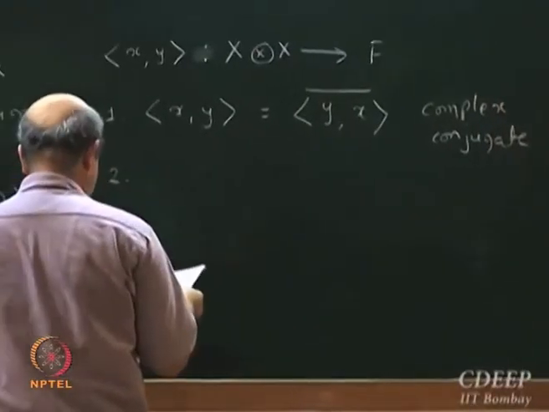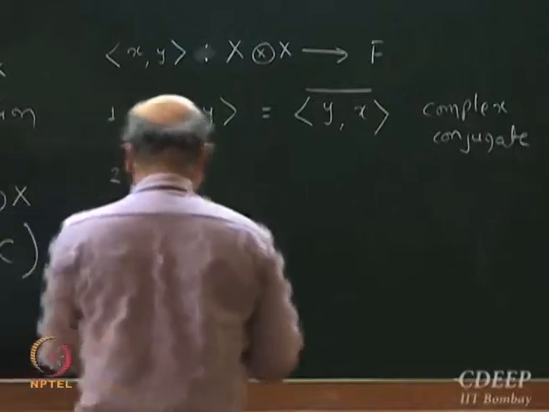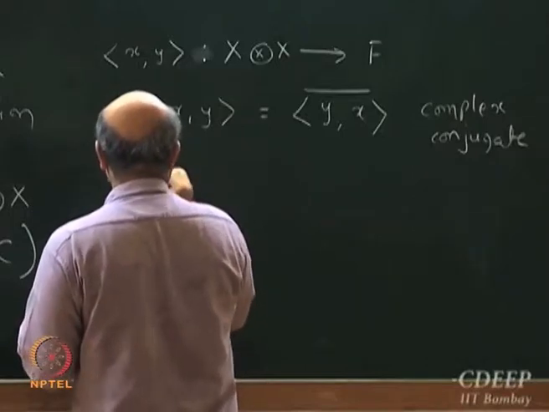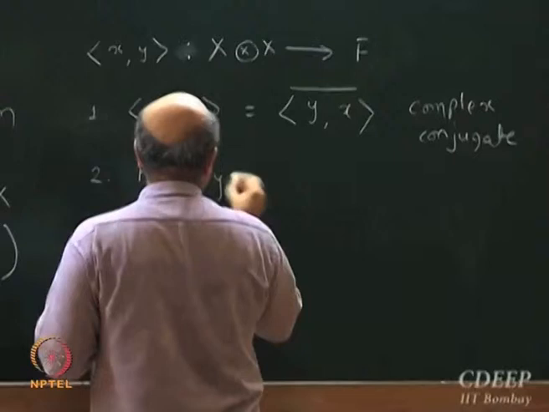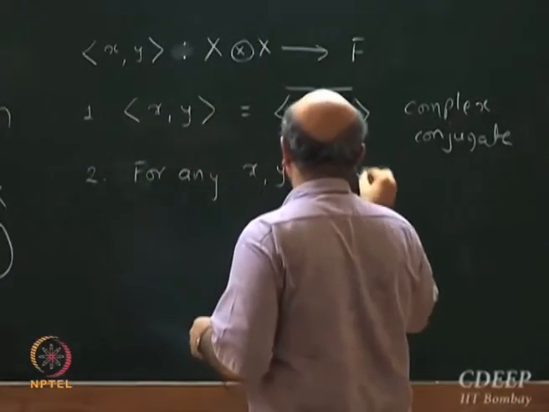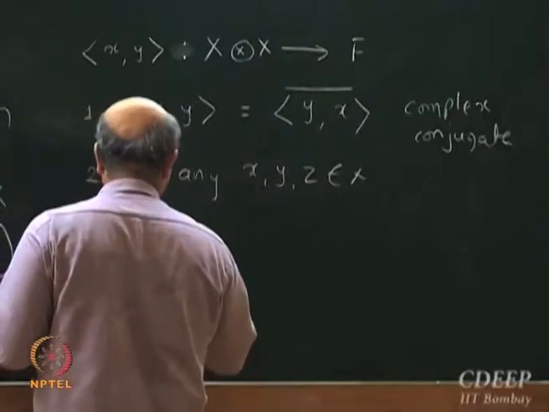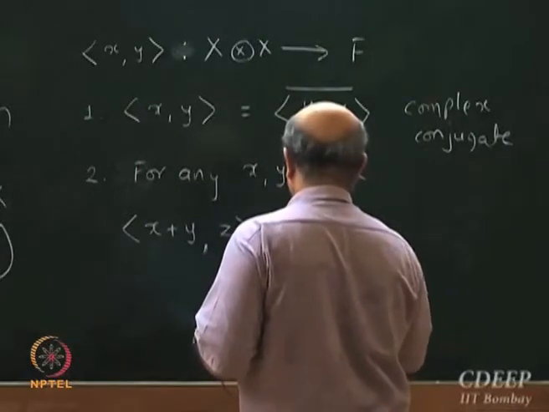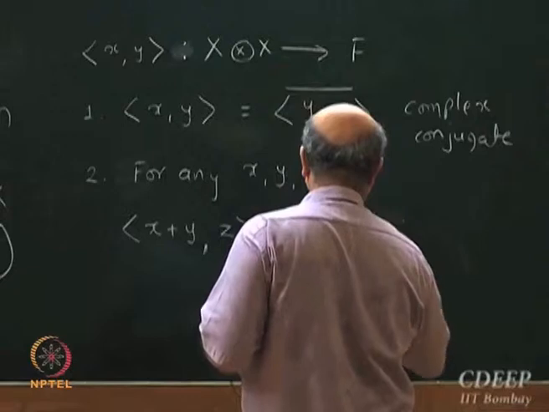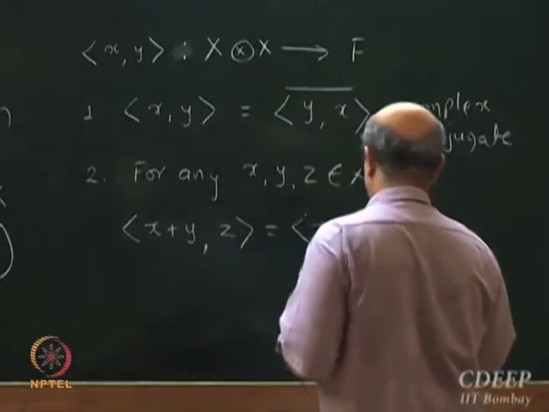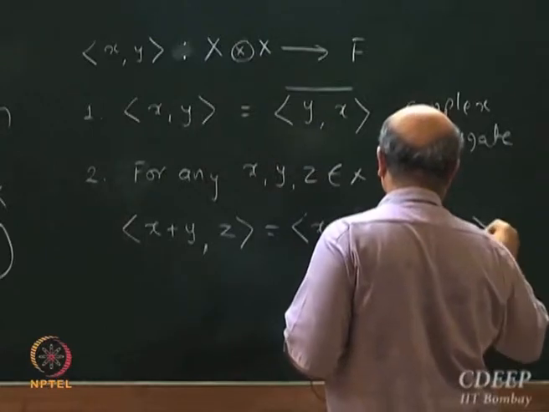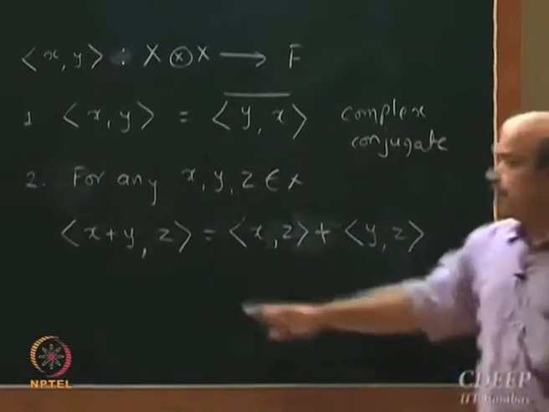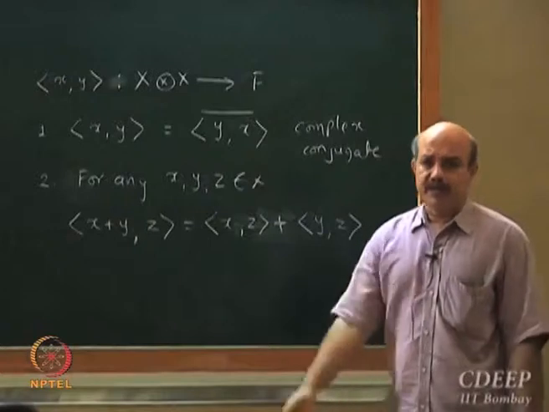The second property I want the inner product to observe is that if I am given any 3 vectors, any X, Y and Z that belong to X, this inner product that we define should distribute over vector addition.